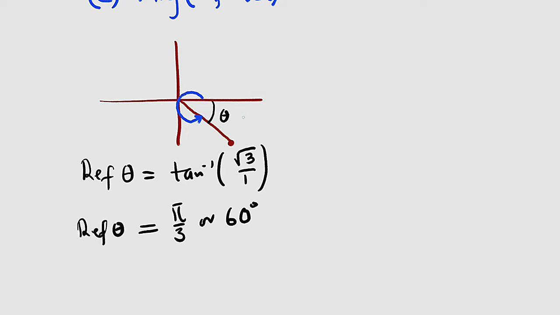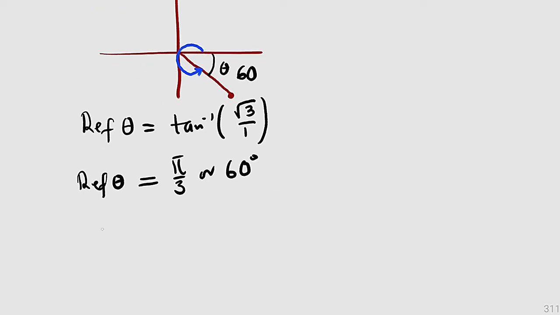So if this angle right here is 60 degrees, what will be the angle from the back? Remember, the total will be what? 360 around a cycle. So if you take away this, because it is 60 less than 360, therefore this angle at the back will be what? 300. But how can we do that?